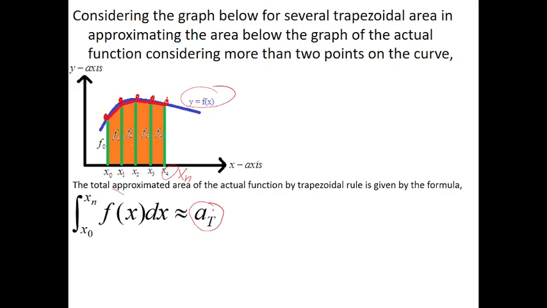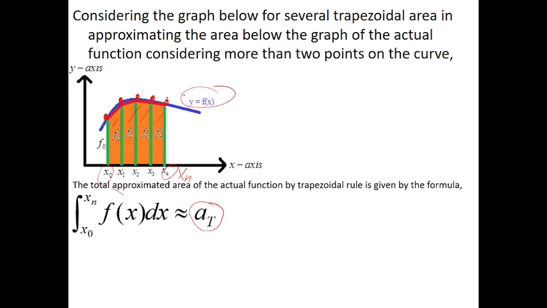It is approximated by the trapezoidal rule formula. So between x sub 0 and x sub 4, we have 4 trapezoids. First trapezoid, trapezoid 1, trapezoid 2, trapezoid 3, trapezoid 4.